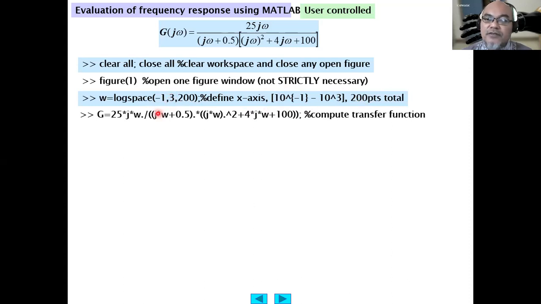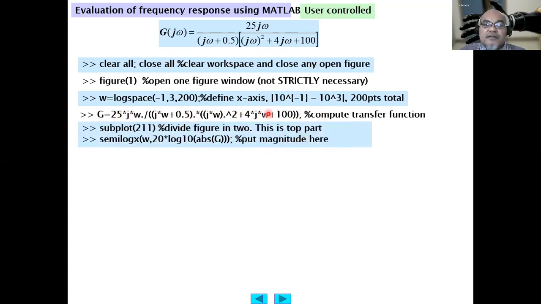And then we put G equals 25 times J times W, divided by the denominator part. Why is there a dot here? So that it will multiply per element. The denominator is J omega plus 0.5 multiplied by J omega squared plus 4J omega plus 100. This is the transfer function.